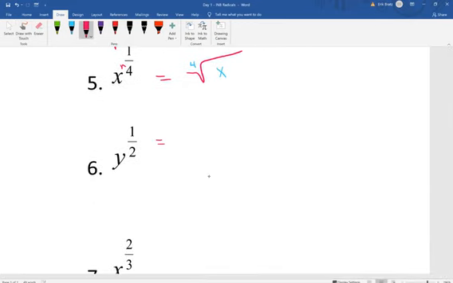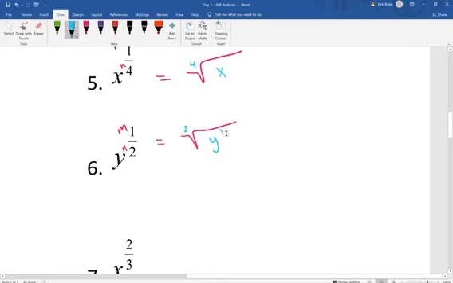Here, y to the 1/2, we have m and n again. So the index number, the number on the outside, is 2. Y to the first power. Now this is a tricky one because if something raised to a power is 1, we don't write that in.